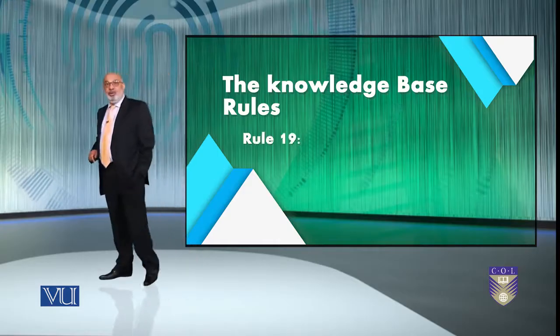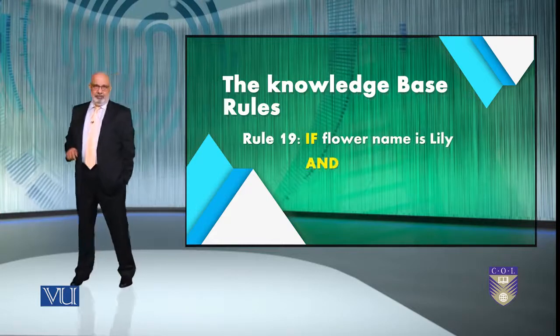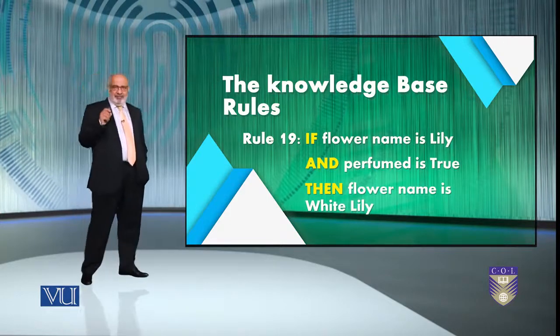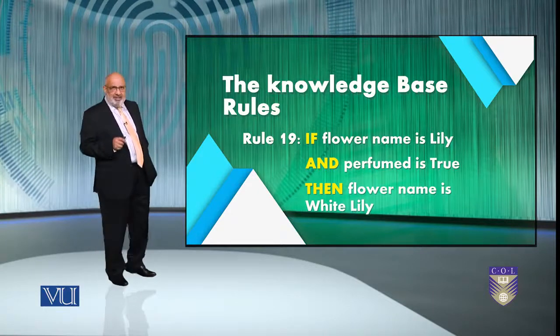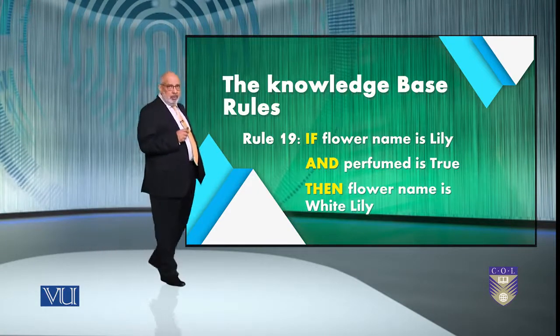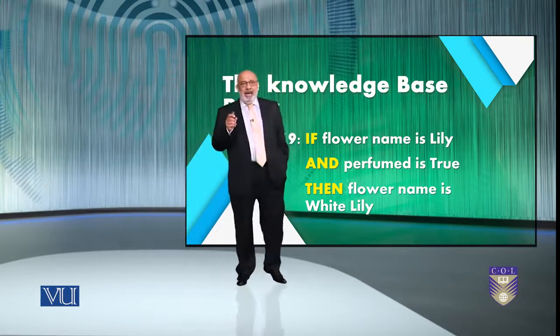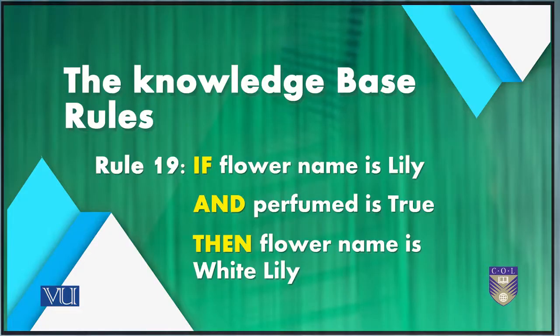Then we have another rule, rule 19. That's the closing rule, by the way. It says that if flower name is lily and it is perfumed, meaning the perfumed object has a true value, then the flower name is white lily. That's what the rule says.